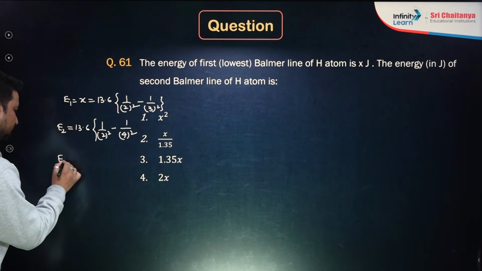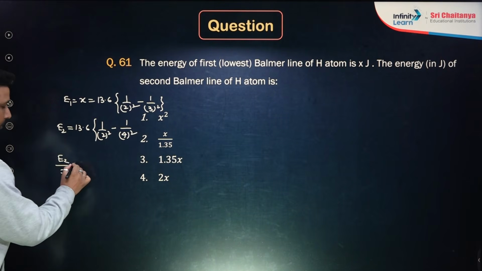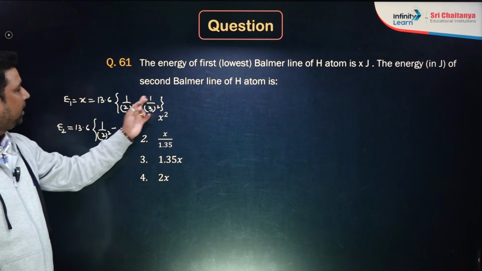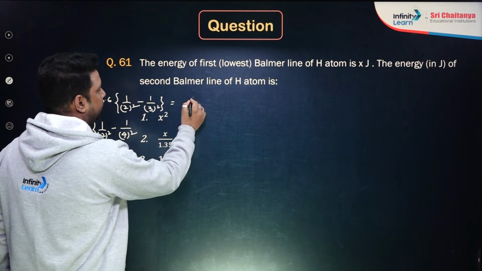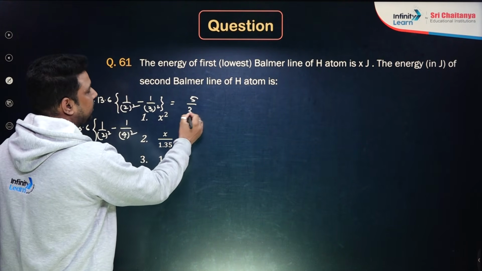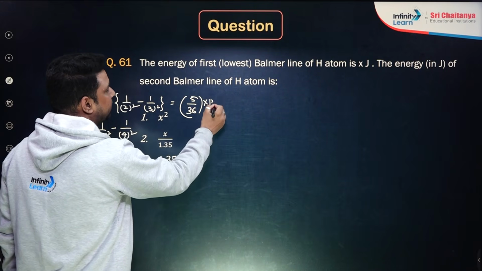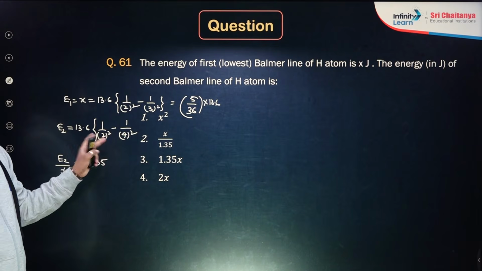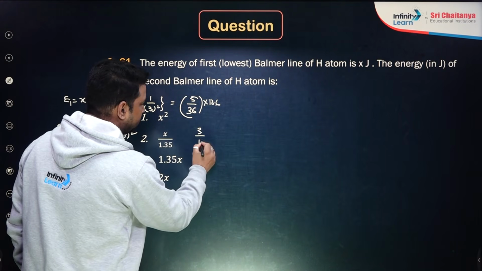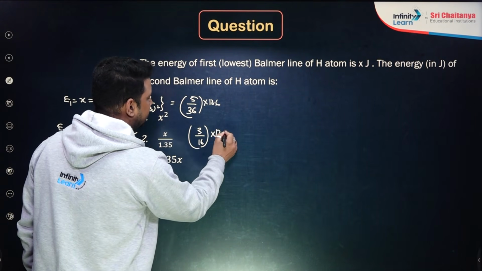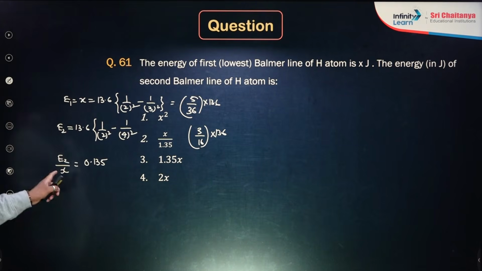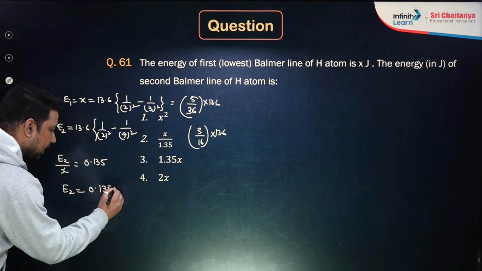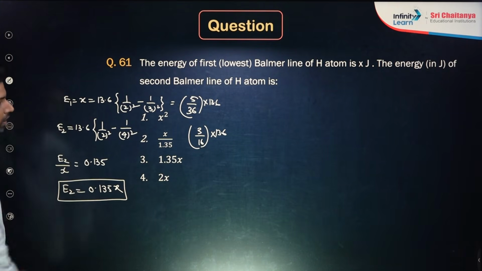You have to take E2 by x. E2 by x will come out to 0.135. Just solve it: 9 minus 4, 5 by 4 into 9, that is 36, into 13.6. And in the other case, it will be 1 by 4 minus 1 by 16, 16 will be the LCM, 3 by 16 into 13.6. You have to take just the ratio and you will get the answer. So E2 will be equal to 0.135 times x. That would be your correct answer.